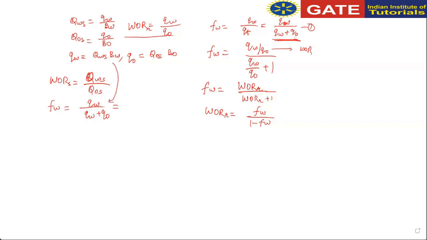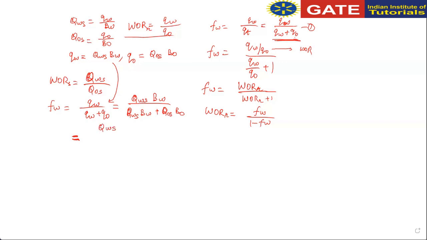So FW equals QWS BW over QWS BW plus QOS BO. Now divide QOS on numerator and denominator.